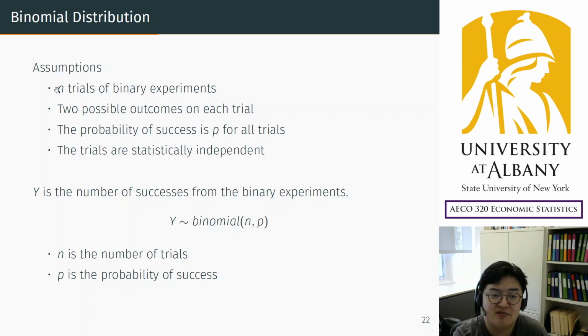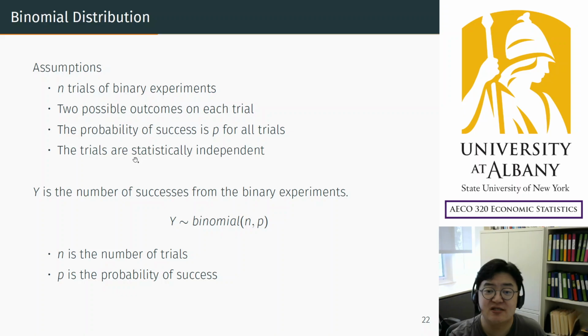Basically the same assumption, and the probability of success is p, following the binary distribution assumption. And finally, this is the hidden but most important assumption: those experiments are statistically independent.